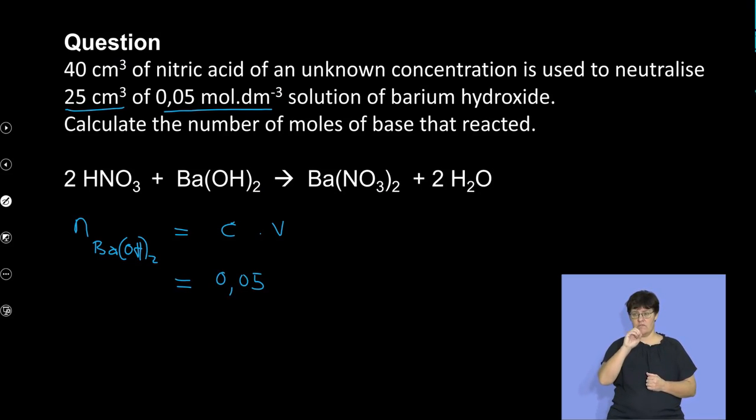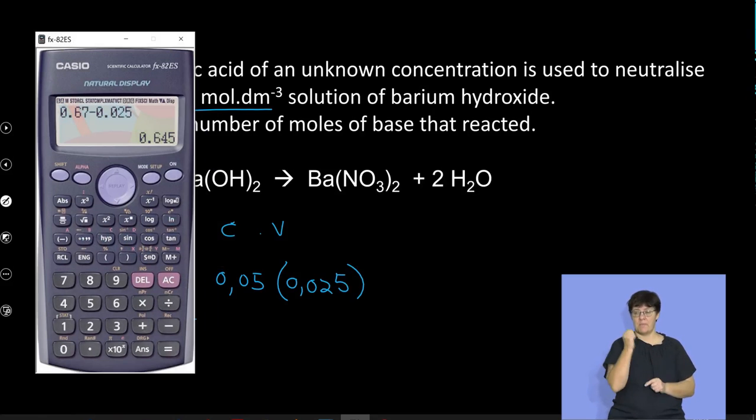So the formula is from the data sheet. We copy it, and then we want to find the number of moles. So 0.05, which is the concentration, multiplied by the volume, which is 0.025, okay? So 0.05 multiplied by 0.025 gives us the number of moles, okay?